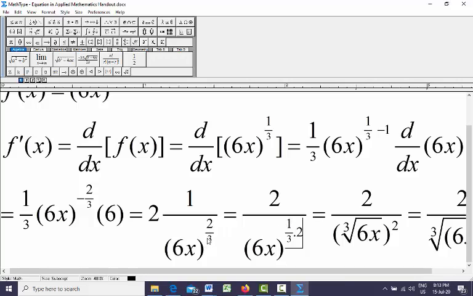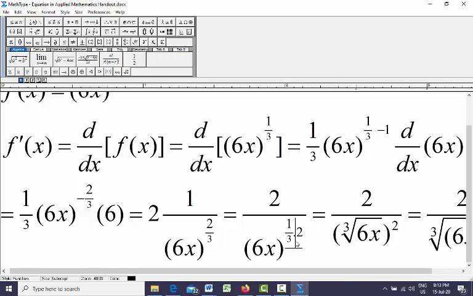This 6x power 2 by 3 can be written as 1/3 multiplied by 2, right? So when you have a power 1/3, you can put cubic root for it.